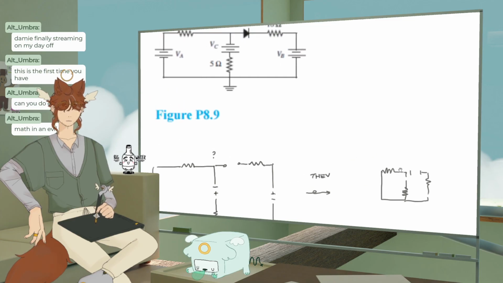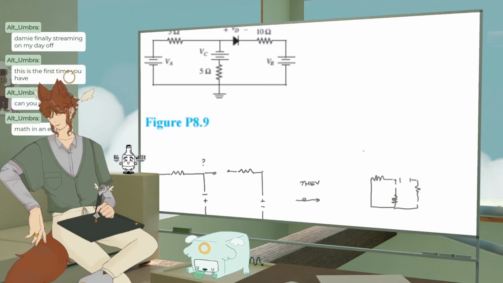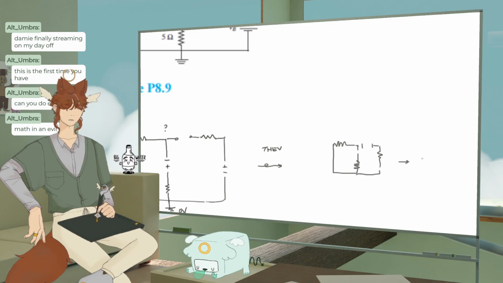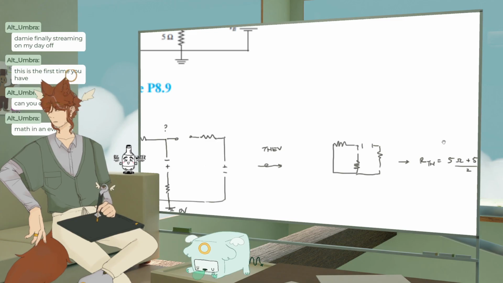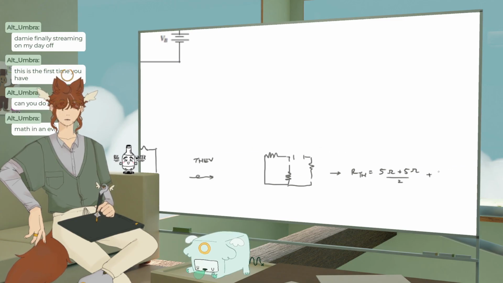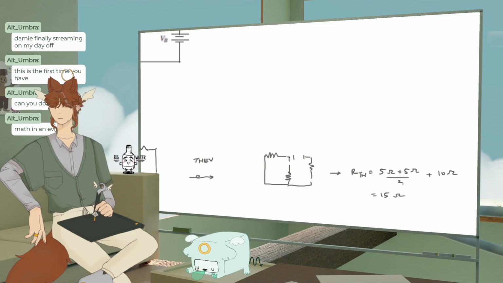These are in parallel, so 5 and 5, so R_th equals 5 ohms plus 5 ohms over 2, plus 10 ohms. So it equals 15 ohms. Instead, I'm pretty sure I just had it equal to 10 ohms, which was not right.